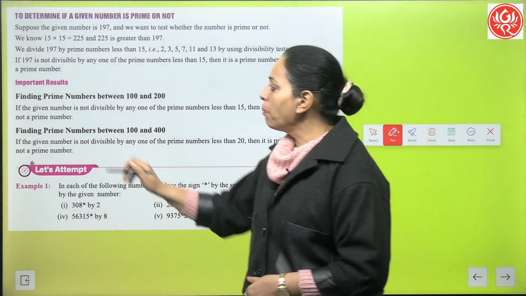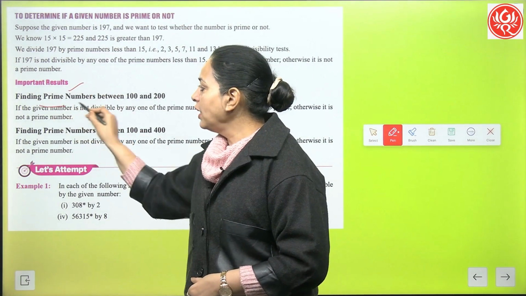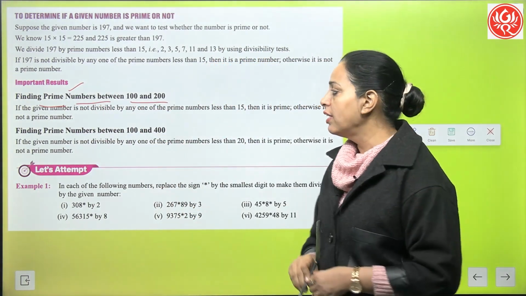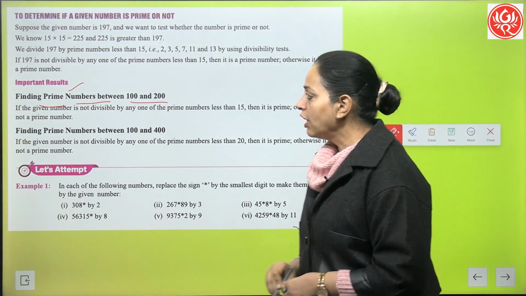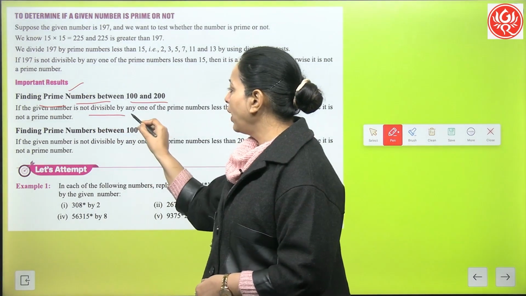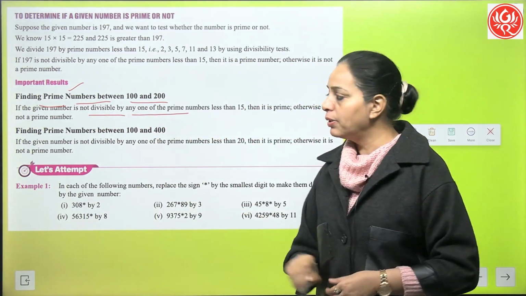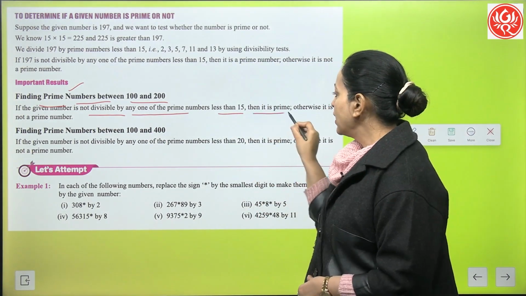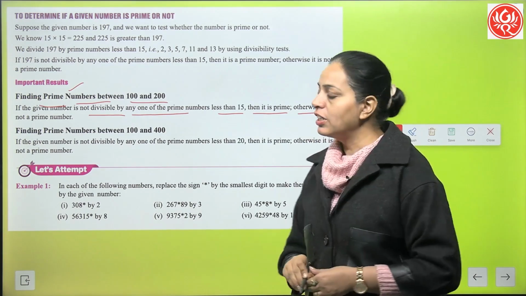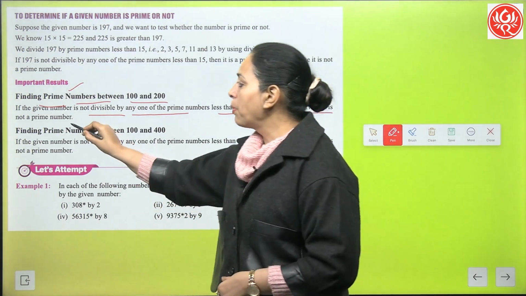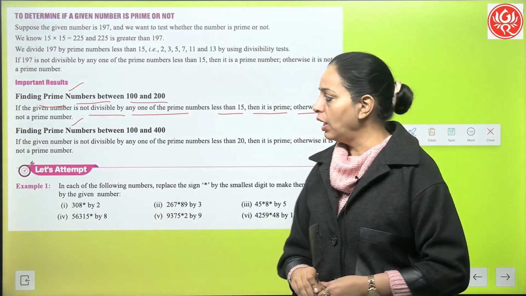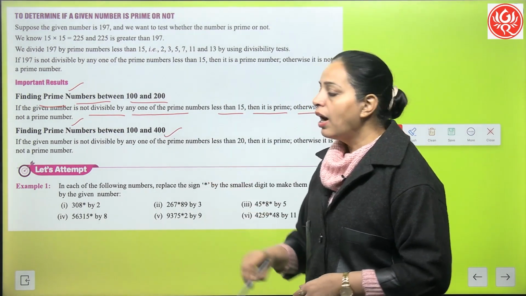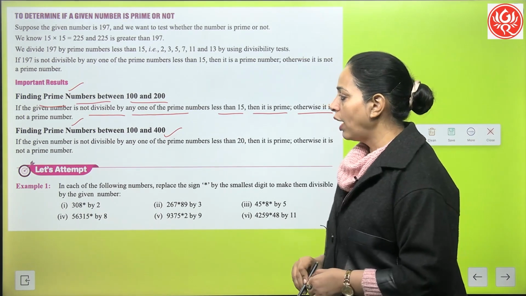Okay. Now important results. Finding prime numbers between 100 and 200. Then what to do? If the given number is not divisible by any one of the prime numbers less than 15, then it is prime, otherwise it is not a prime number. Okay. Now the next, finding prime numbers between 100 and 400.